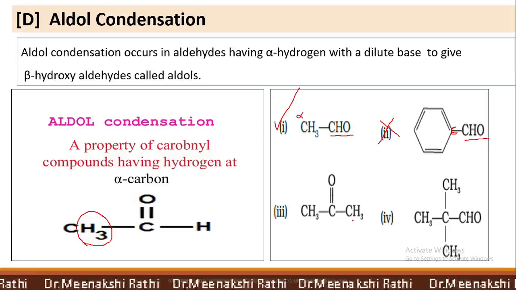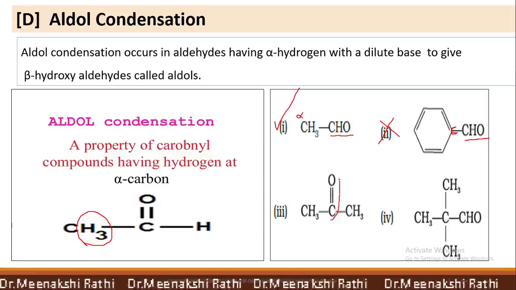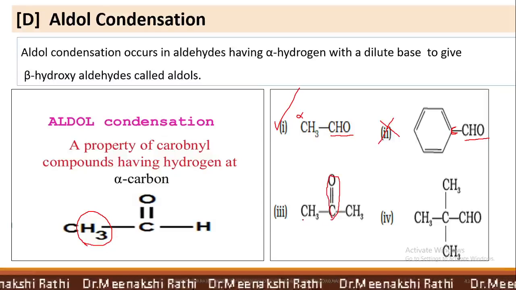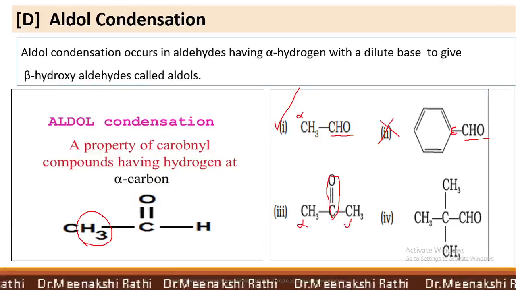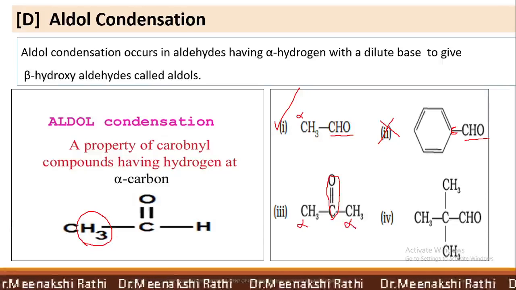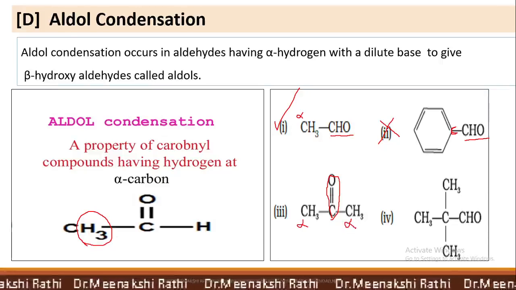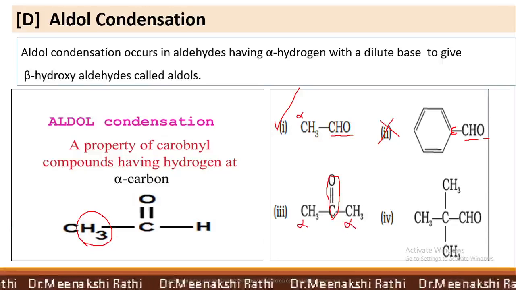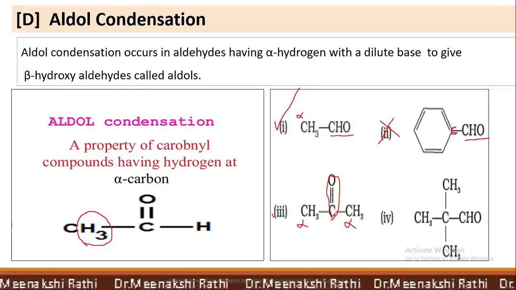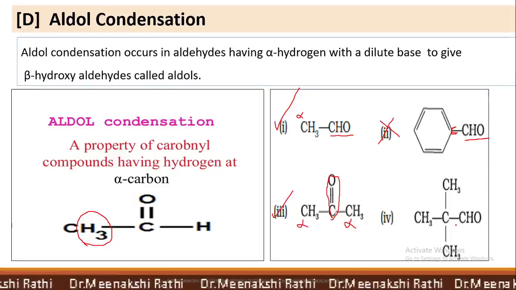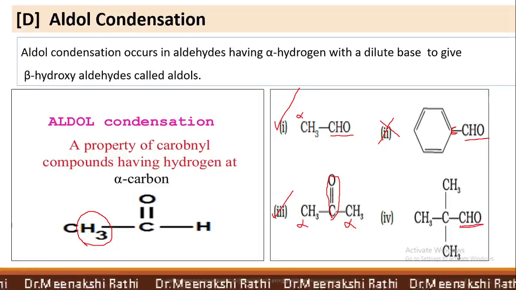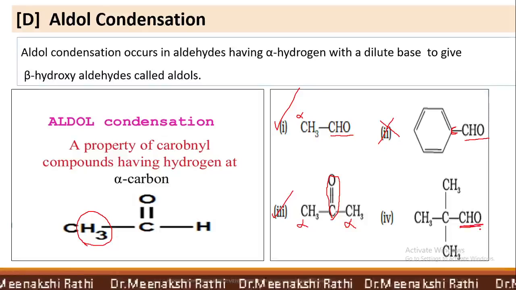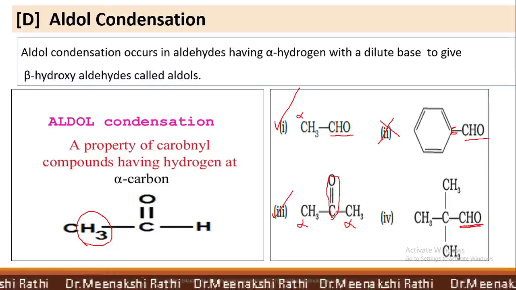Next is acetone. Acetone, this is the functional group. These two are alpha carbon atoms. It has 6 alpha hydrogen, so it can undergo aldol condensation. This example, tertiary butyraldehyde. This is the aldehyde group.